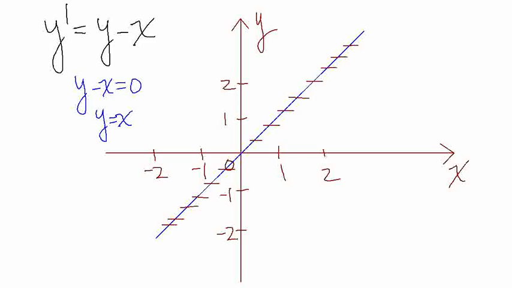And what about a slope of 1? So y minus x equals 1, y equals x plus 1. Let me draw the line in blue that corresponds to y equals x plus 1.